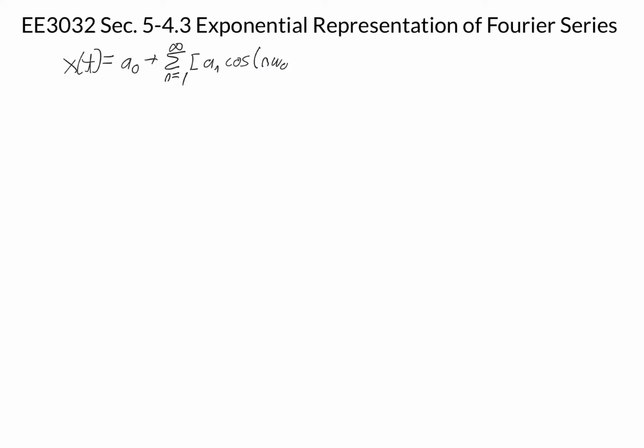So n starts at 1, which is the fundamental frequency. And then when we go to integer multiples of that frequency, we go through n periods. And we have the time variable. And then we have the sine component. So that works very well for a periodic signal that is real.